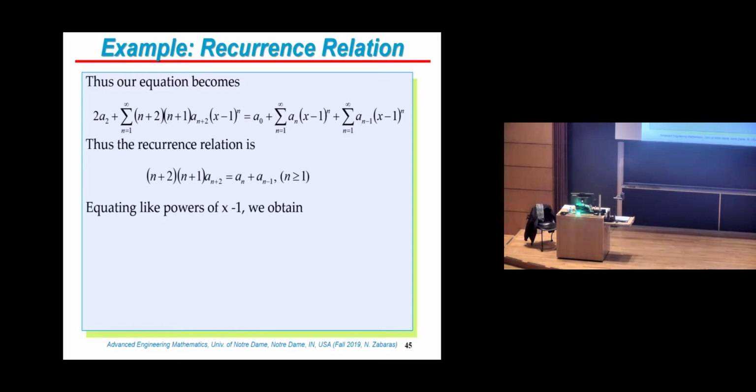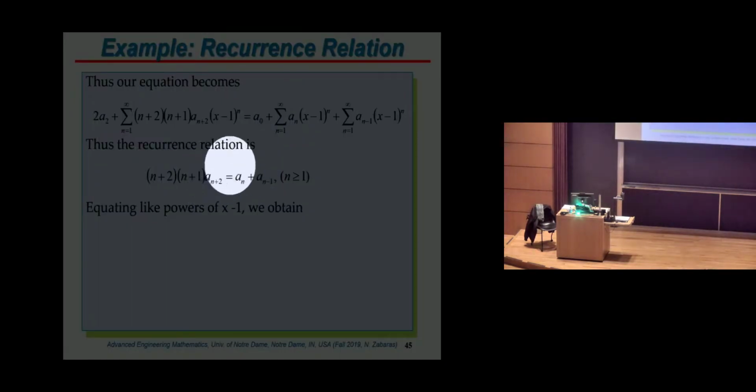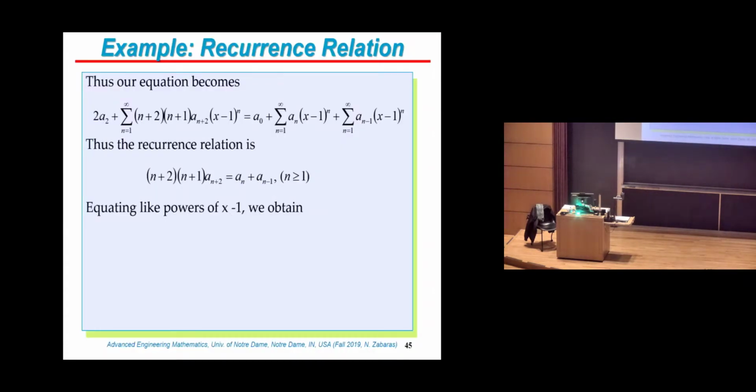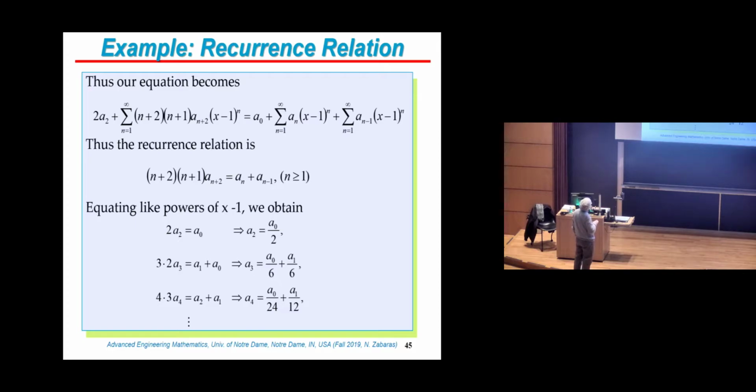It involves a_(n+2) and a_(n minus 1). So it may be difficult to write down explicitly what the coefficients will be, but certainly you can plug this in a little computer program of one line, and it can give you all the coefficients that you need.